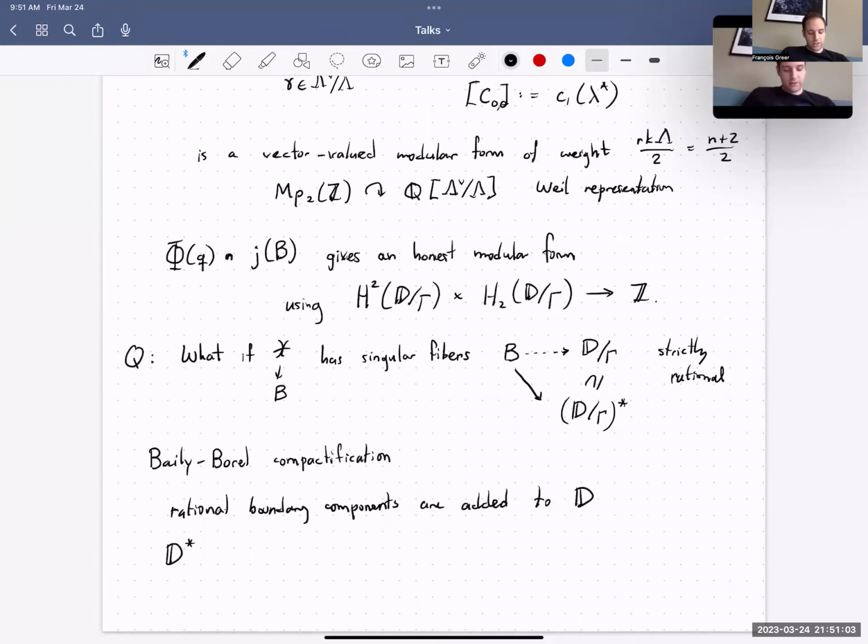The compactification D star is going to be D union over all J, where J is an isotropic two-dimensional sublattice inside lambda, and each of these J's gives you an upper half plane, and then also union over all I's of some points, P sub I, where I is ranging over all isotropic one-dimensional lines.